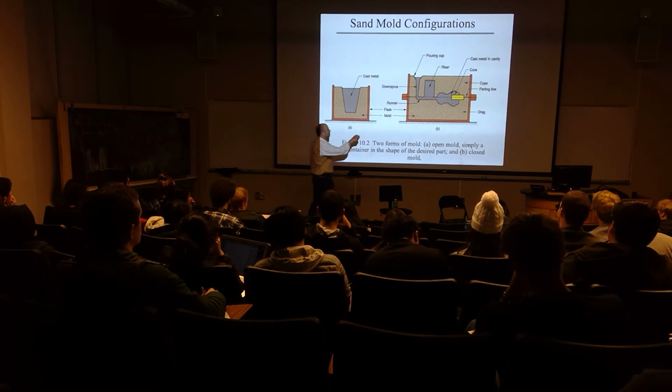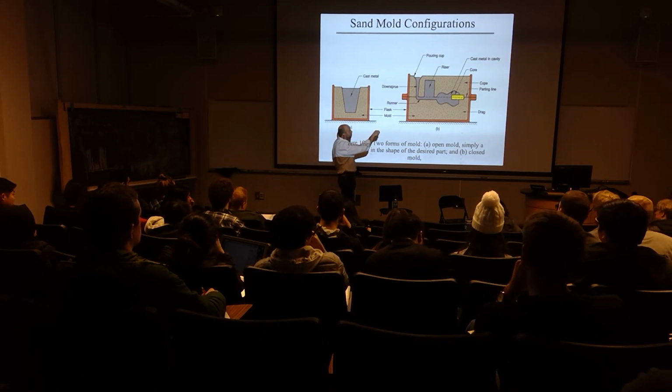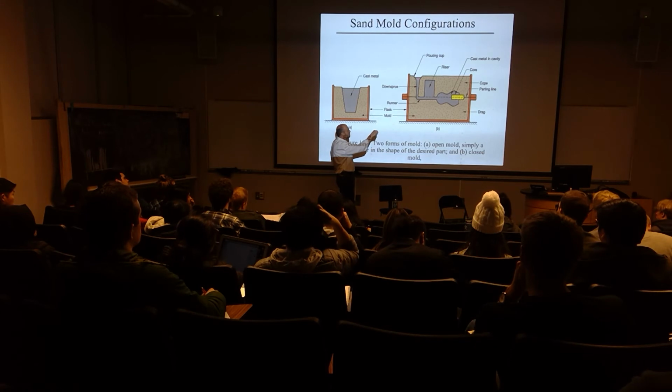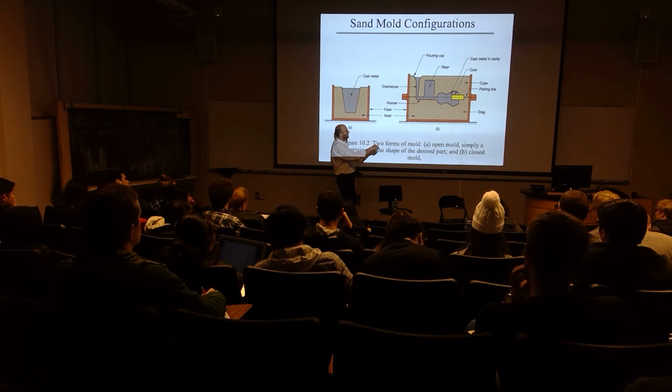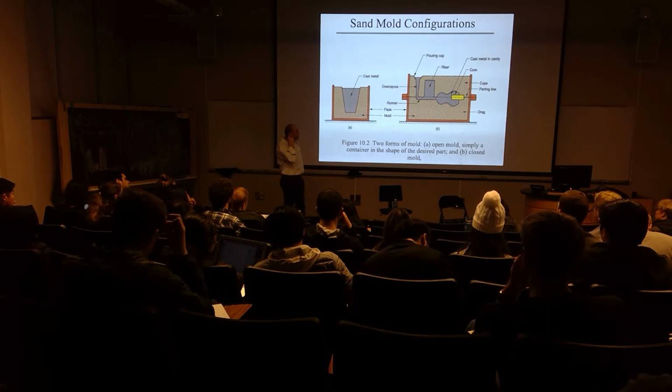So in this particular cross-section, we're going to pour the metal in the mold, and this cross-section shows the runner and the gate systems that are used to deliver the metal to the actual part cavity. So there's the cast metal cavity, and there's the core, of course, that might be used to introduce internal features.